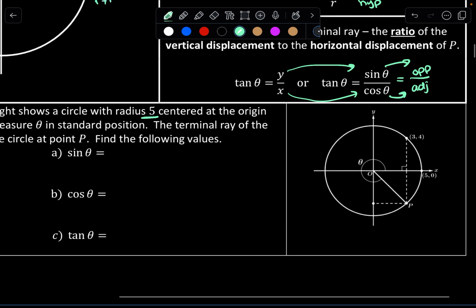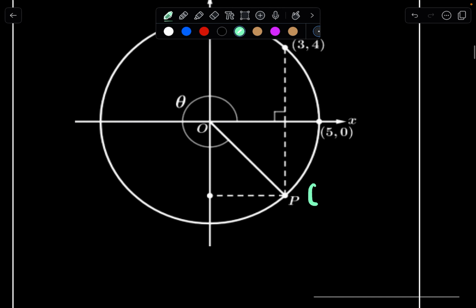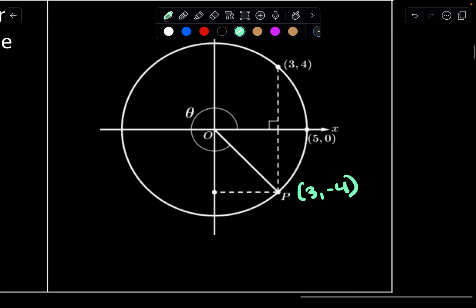Now we're given a point in quadrant 1, and based on this circle, we have that symmetry where if it's (3, 4) in quadrant 1, then that means point P will be positive 3, negative 4. So the triangle that we are looking at is this one. Okay, since we are in quadrant 4.